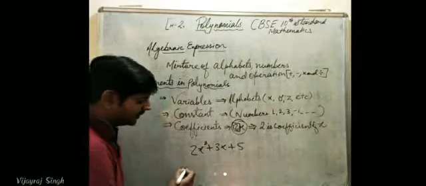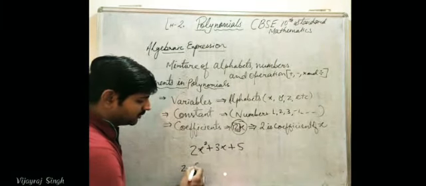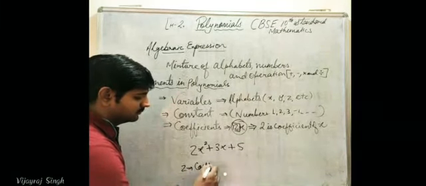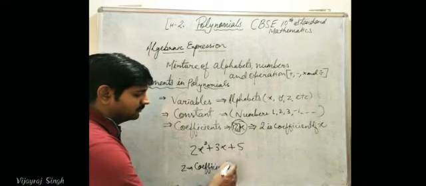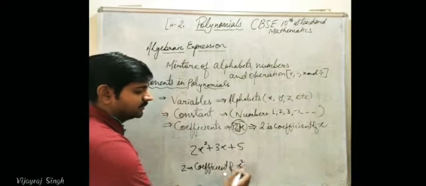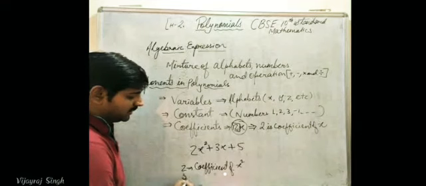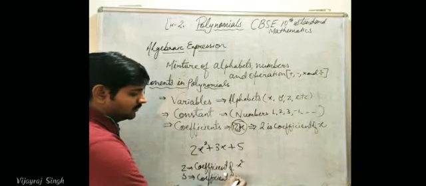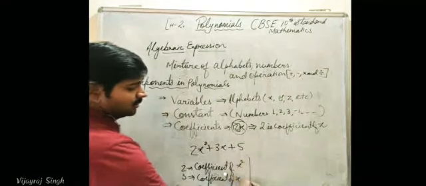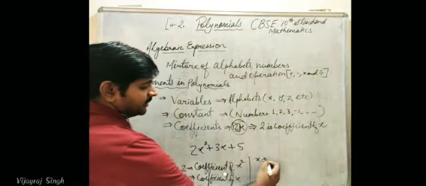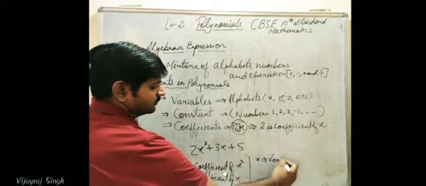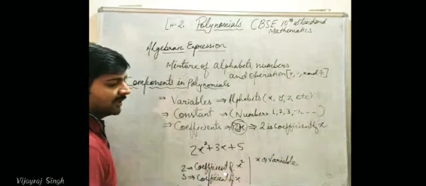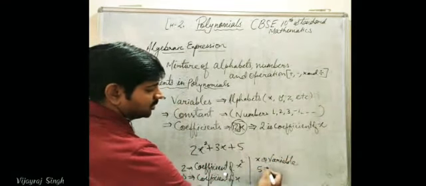So this 2 is the coefficient of x square, this 3 is the coefficient of x. x is the variable and this 5 is the constant.